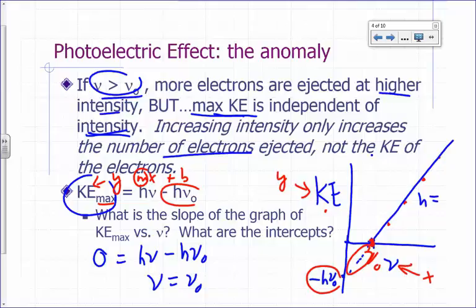Now, like I said, it's a straight line, and the slope turns out to be the same h, the same value that Planck got when he tried to fit the black body radiation. Same constant came up. Two completely different experiments. Same constant came up. Okay, that suggested that that h, Planck's constant, is in fact a universal constant. It's not just applicable to one particular situation.